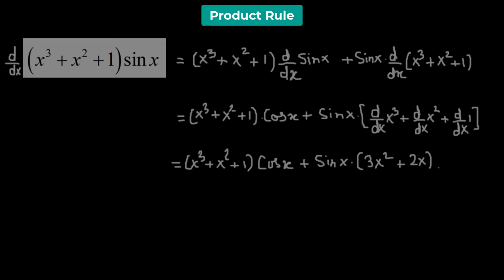Let's go to the next question. So here we have the product of cosine of x and sine of x. So we need to find its derivative with respect to x. So we treat cosine of x as our first function.